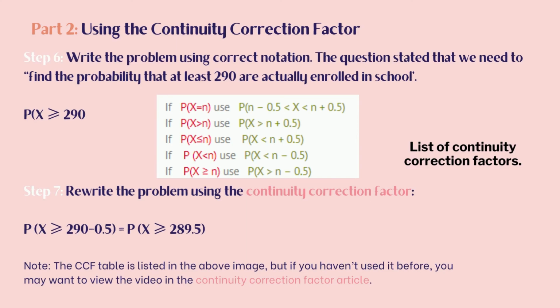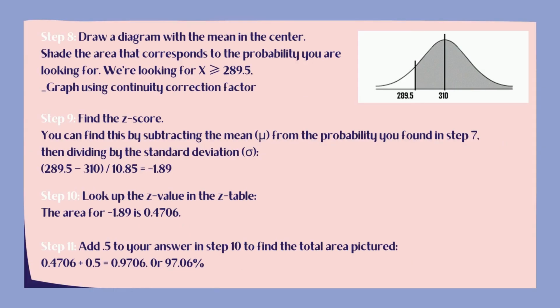We write the problem using the continuity correction factor. P(x greater than or equal to 290 minus 0.5) equals P(x greater than or equal to 289.5). Step 8. Draw a diagram with the mean in the center.